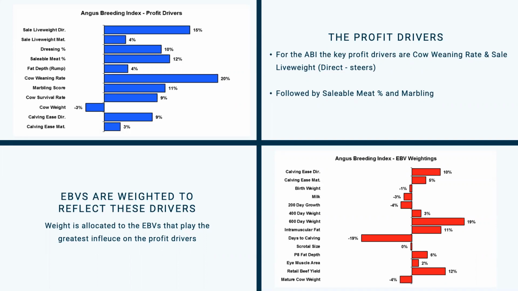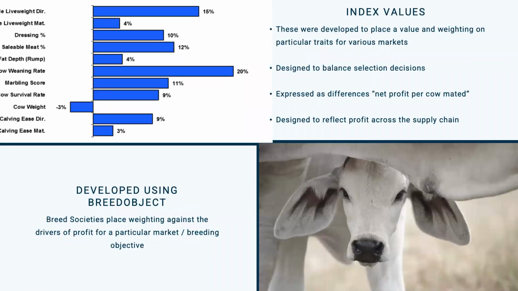I'm two slides out of kilter, so I'll go forward first to start with. They're designed to help you balance your selection decisions, to take you away from thinking about single trait selection or placing far too much emphasis on traits that might then have a less desirable outcome.